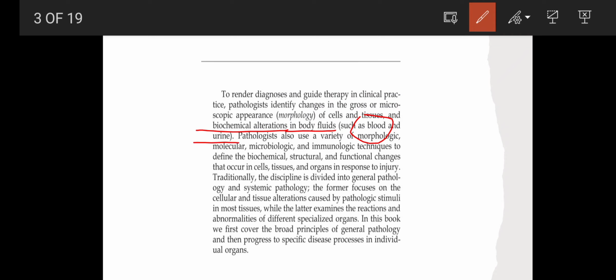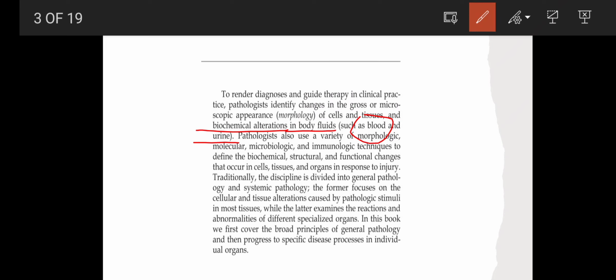Pathologists also use a variety of morphologic, molecular, microbiologic, and immunologic techniques so that they can define the biochemical, structural, and functional changes that occur in cells, tissues, and organs in response to injury.